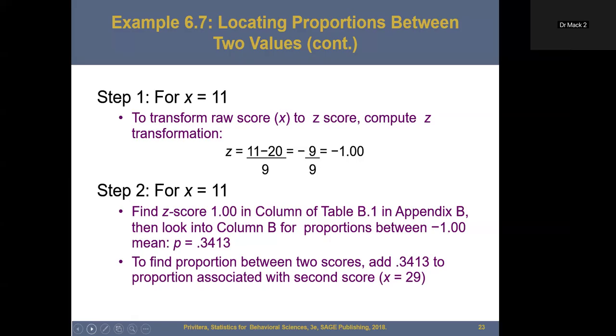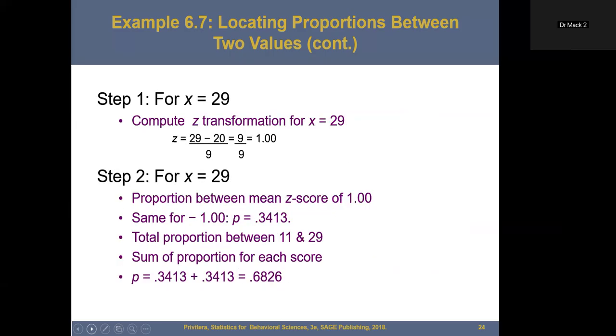We have that. Yes, no. So for x equals 29, same formula. 29 minus 20 divided by 9 is 1.